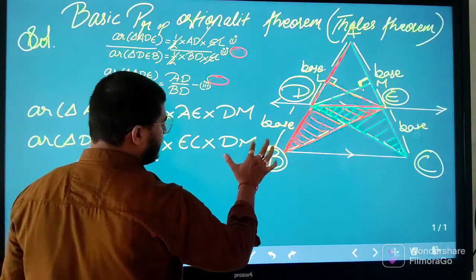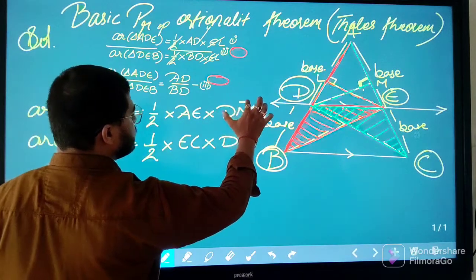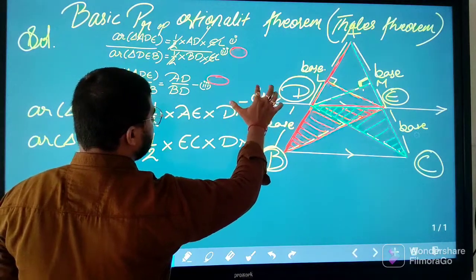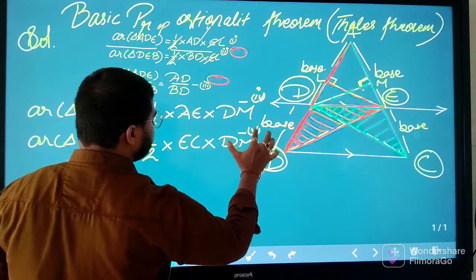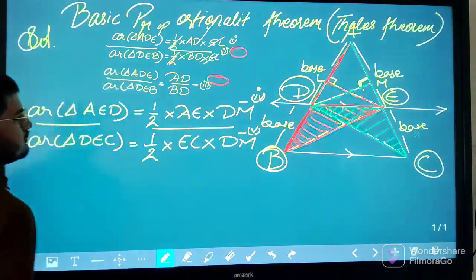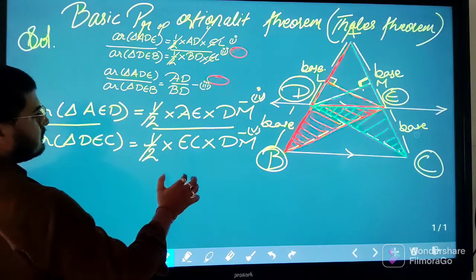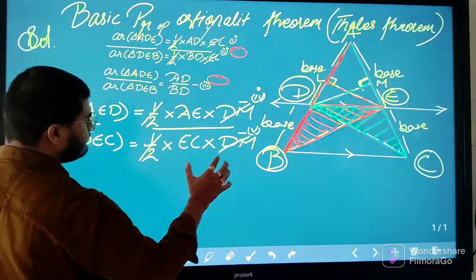The height is DM. How? I have explained in the previous one. So again, name this equation as equation number 4 and this as equation number 5. Divide both of them on the left hand side as well as on the right hand side. On the right hand side, half and half will be cancelled. DM will be cancelled with DM.